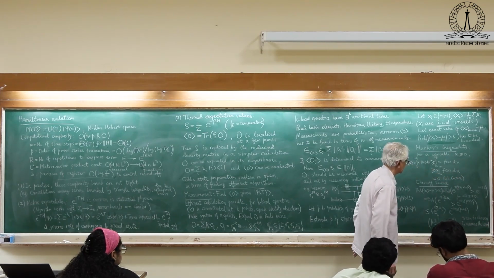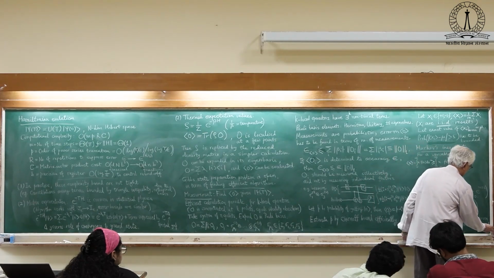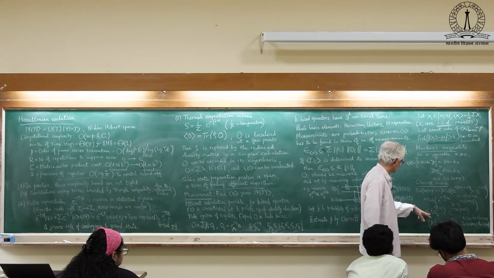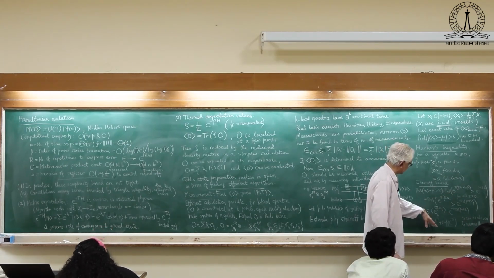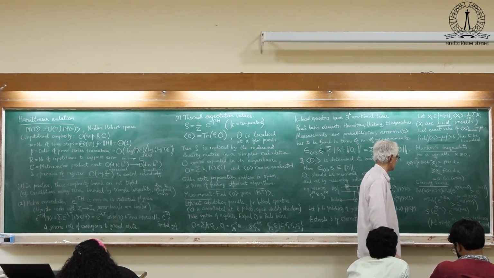Okay, now let me just finish this and I can continue next time. So s is a variable parameter. I have the inequality and I want to make this thing as small as possible. Find the best value.